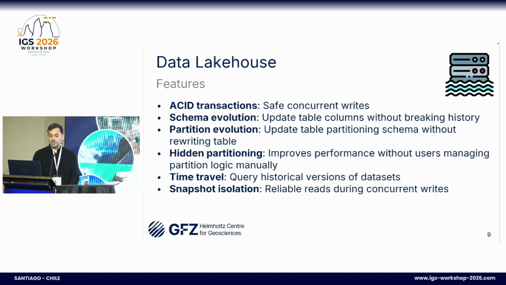We also need partition evolution. To efficiently query the data, you need to partition the table by certain fields. With partition evolution, you can update the partitioning schema without rewriting the whole table. We also have hidden partitioning and time travel features that are relevant here.